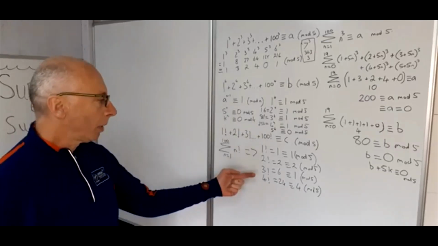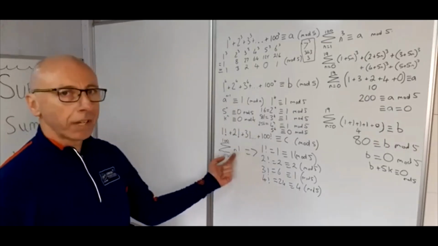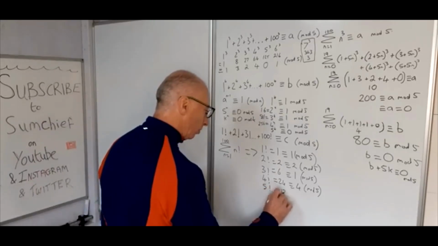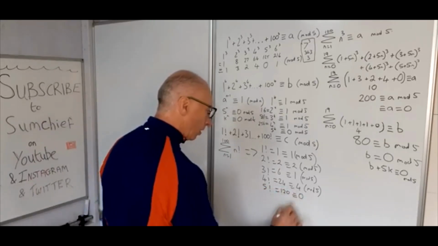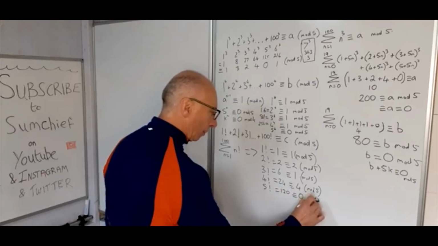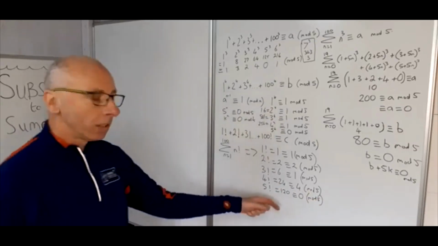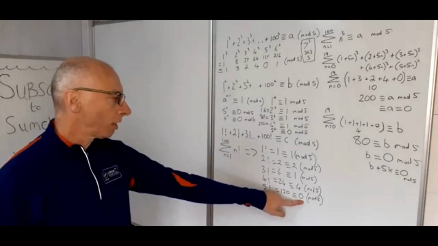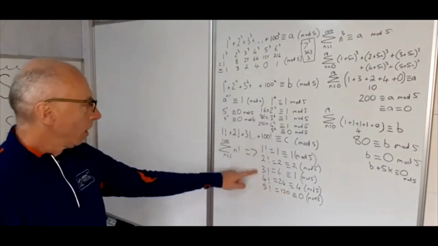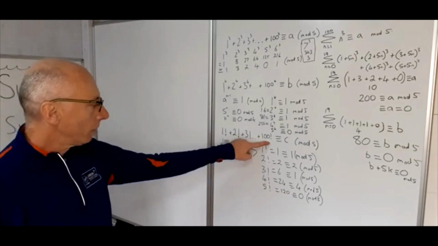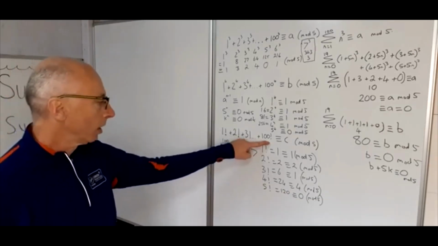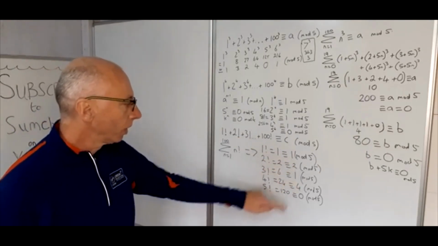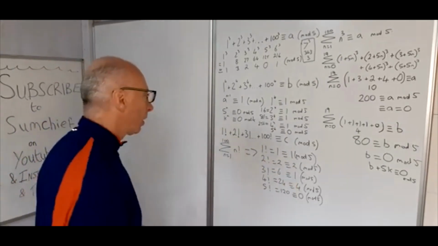Now we're going to be multiplying by numbers 5, 6, 7, 8 and 9. So if I put the first one in, 5 factorial, that's 120. That's congruent with 0 mod 5. Now any whole number we multiply this 120 by, it's going to be congruent with 0 mod 5. So the last 95 numbers on here we can sort of discount. So all we need to do now is just add up these first few, and that's going to lead us to our answer.